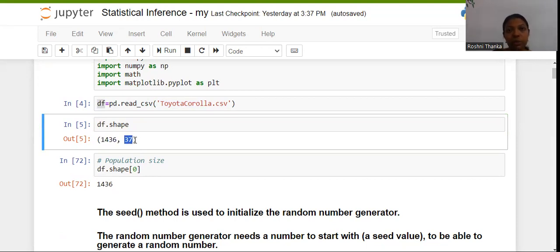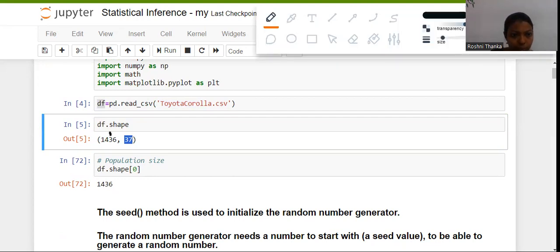The number of rows is the population, so the population is 1436. To get the population alone, we use index 0, which gives me the 0th value, that is the rows. So that is my population.